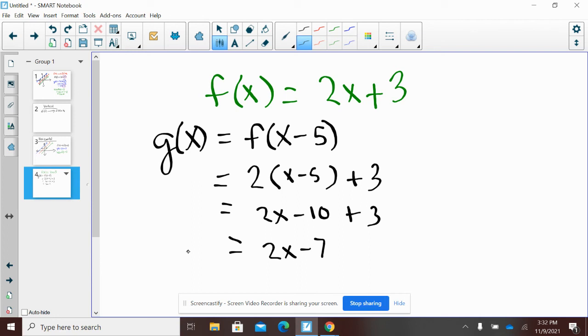So my new function, g of x, that would represent a horizontal shift 5 units to the right would be 2x minus 7. And again, what tells me that it's 5 units to the right is this part right here. It's opposite of what you think.